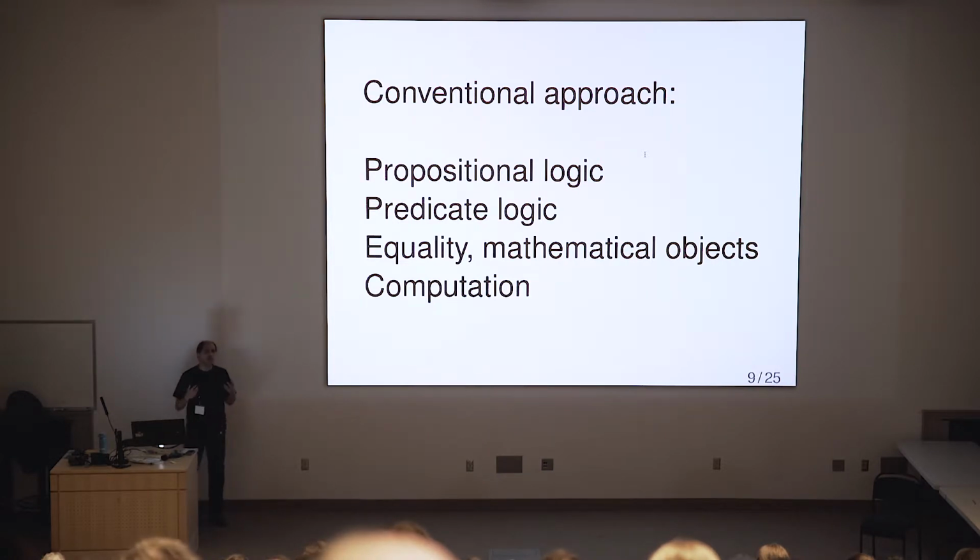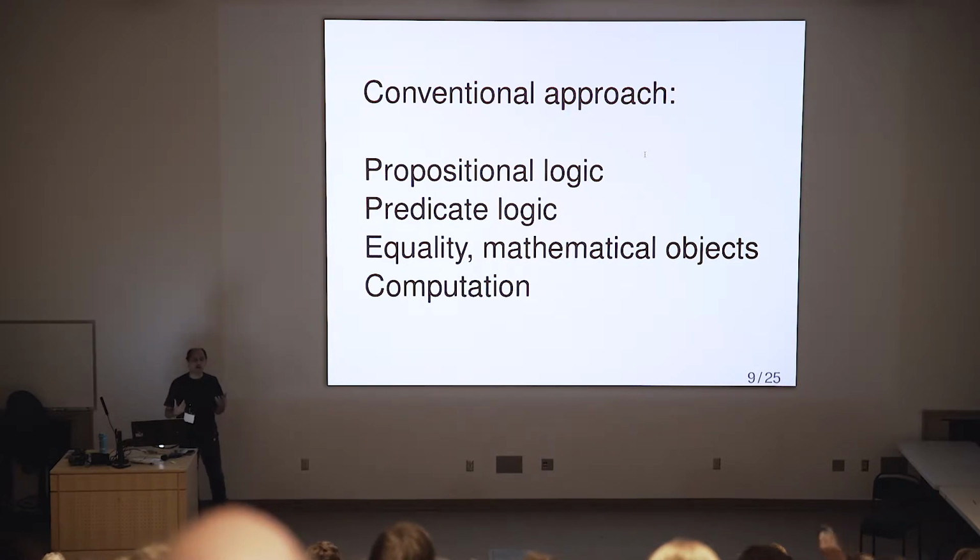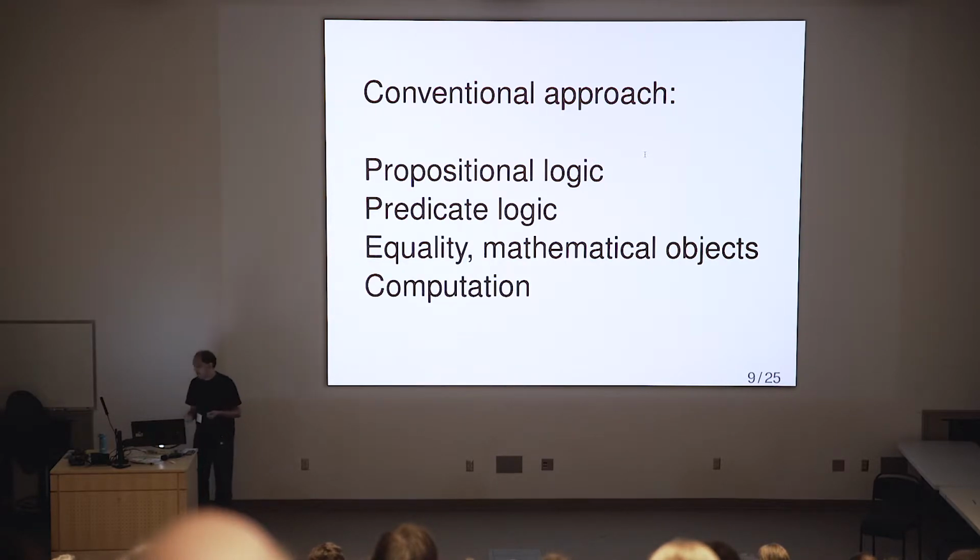We then go to predicate logic, which adds the quantifiers for all and there exists. We add a way to talk about equality and a way to talk about mathematical objects such as the natural numbers.